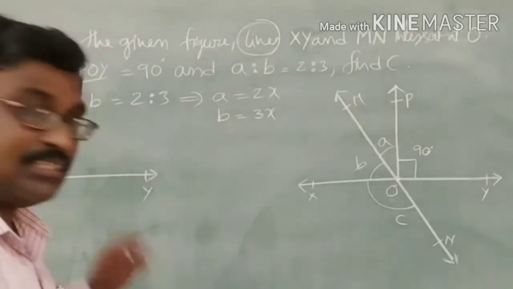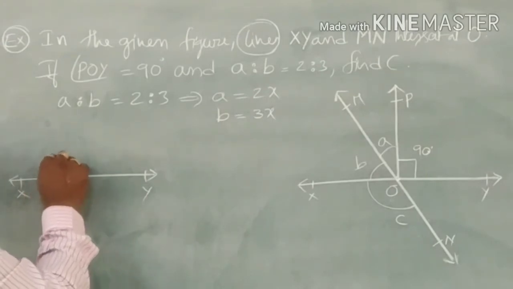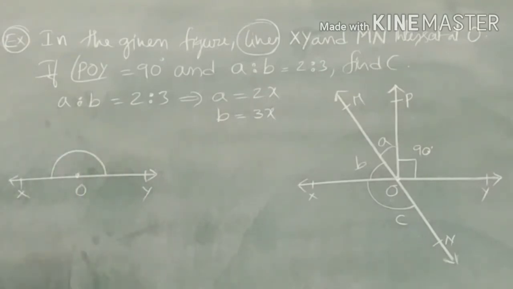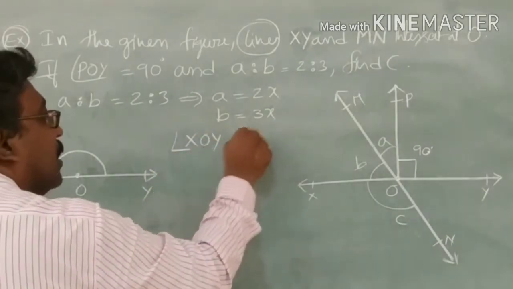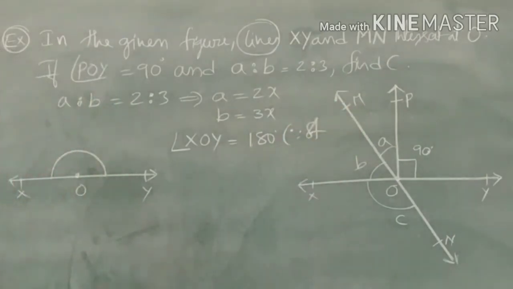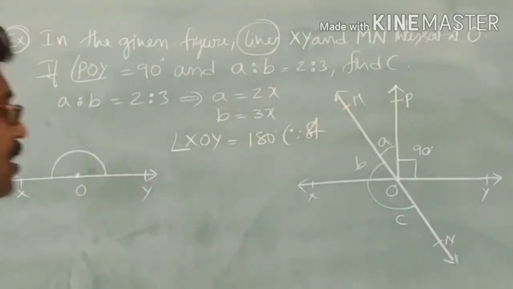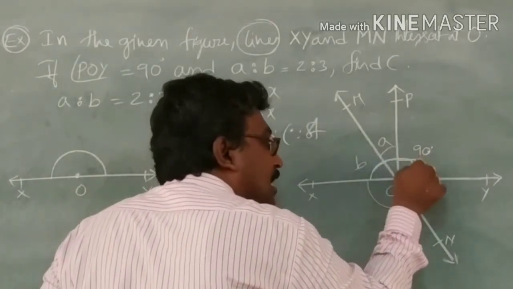XY is a line. It's a straight line. Here OE is there. Now what is the angle XOY? Angle XOY is 180 degrees, because it is a straight angle.